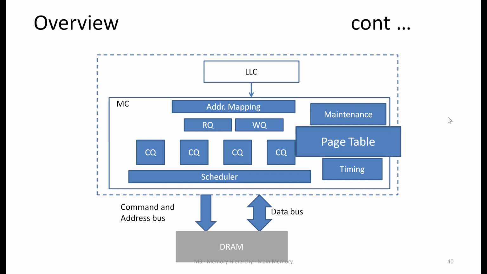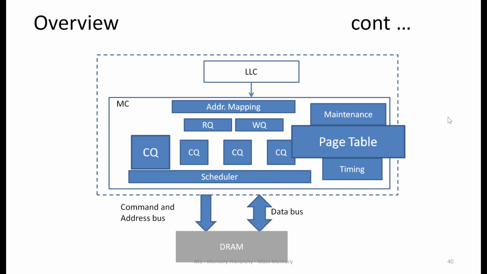So that is the page table part in this block diagram, and the command queue. The command queue is a queue of DRAM commands for each request, and we can have multiple such command queues.